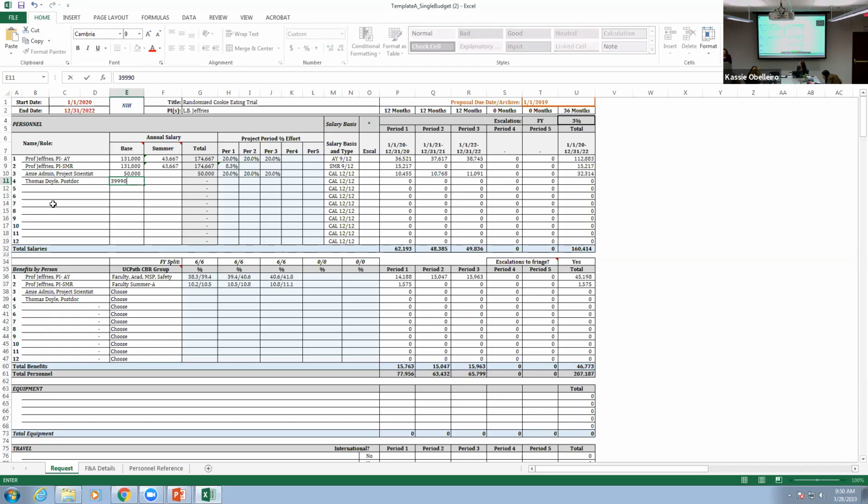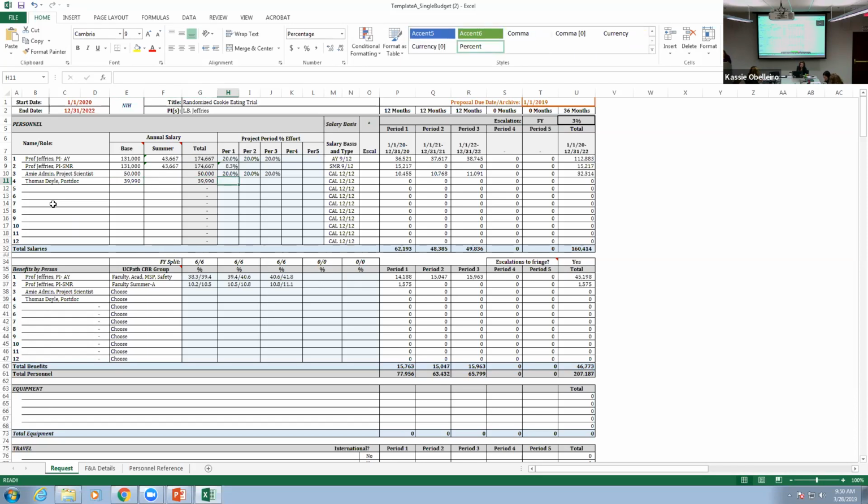Maybe he has a fellowship or something as well. We'll just assume so. All right. So then we would put that in the base salary, right? Our postdocs are paid 12 over 12, so we don't need any kind of summer in there.